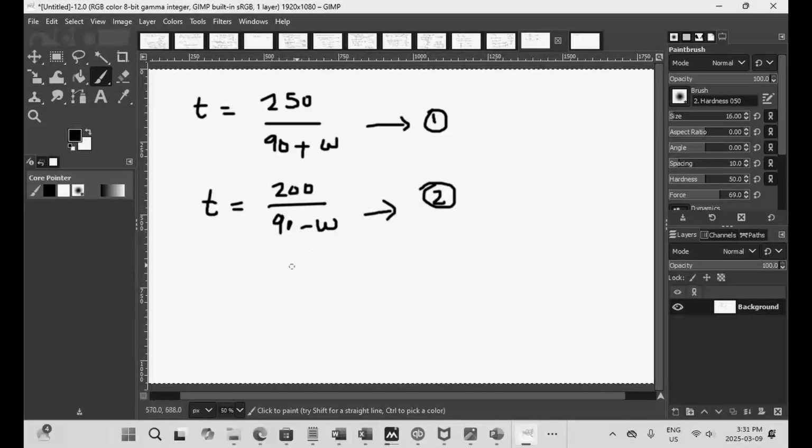Now what we can do is solve for this variable over here, W, the speed of the wind.